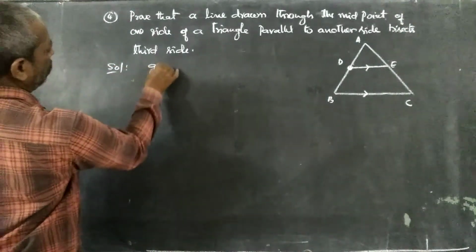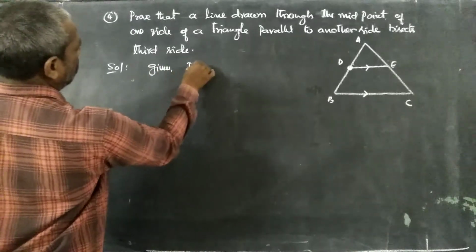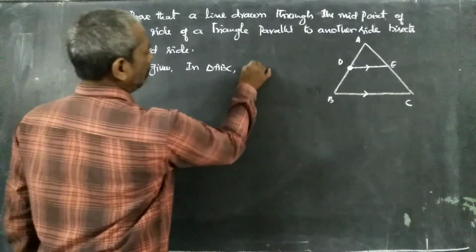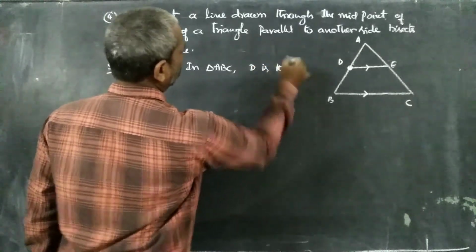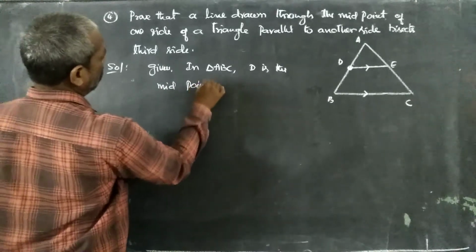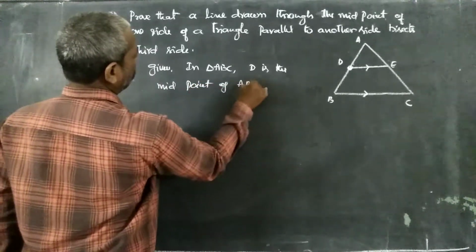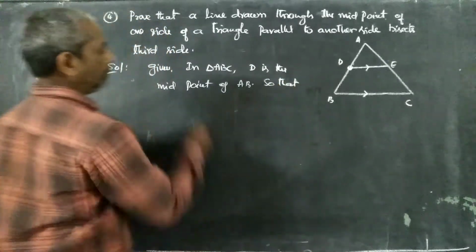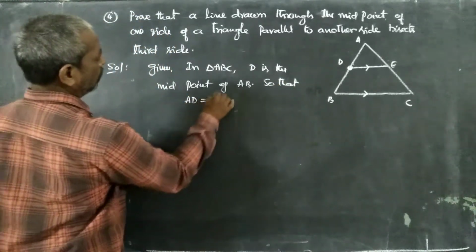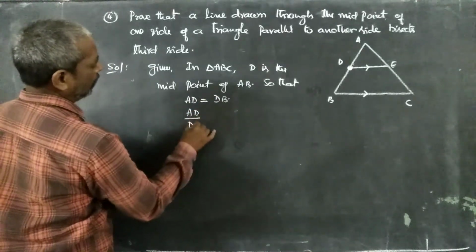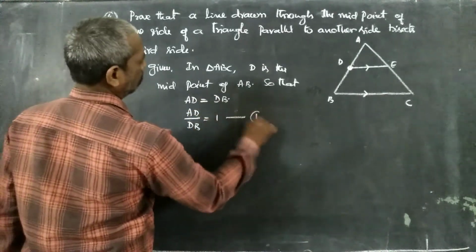So, given in triangle ABC, D is the midpoint of AB, so that AD is equal to DB. That implies AD by DB is equal to 1.